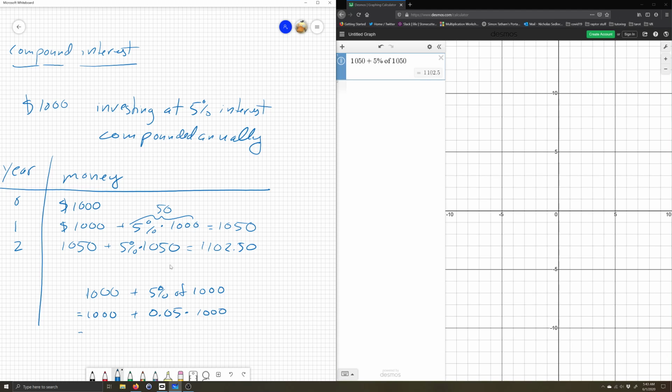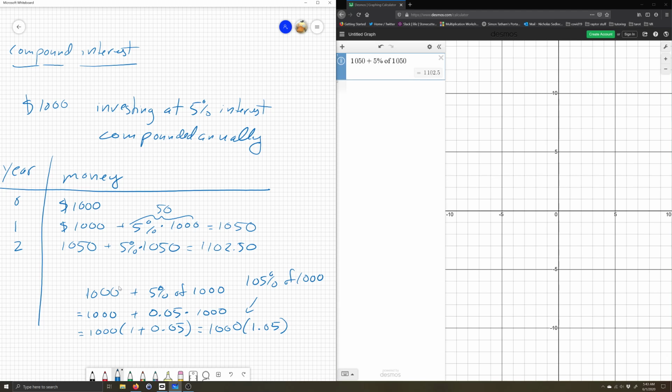And so $1,000 here is a common factor. So this is 1,000 times 1, and this is 1,000 times 0.05. So the whole thing is 1,000 times the sum of 1 and 0.05, which is $1,000 times 1.05. So another way to think about this is 105% of $1,000.